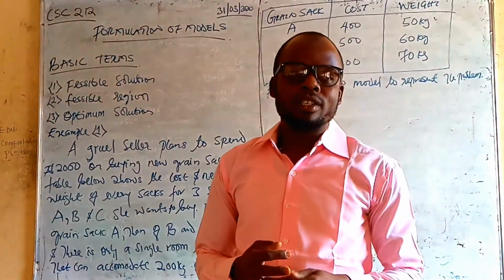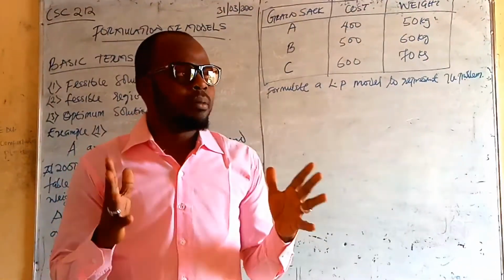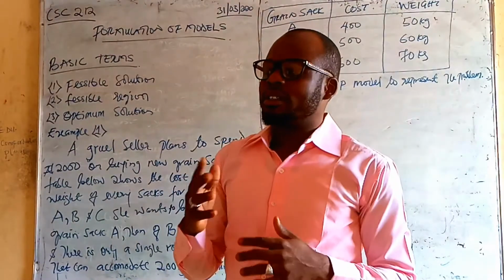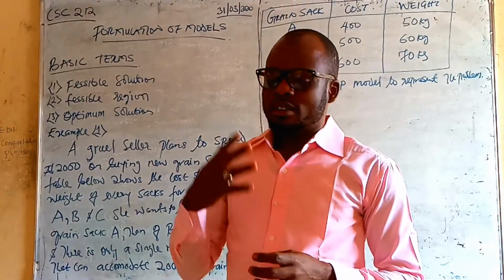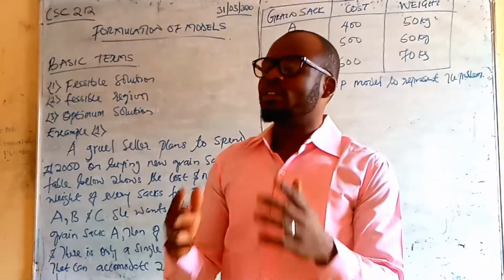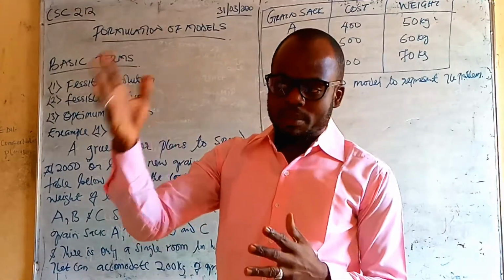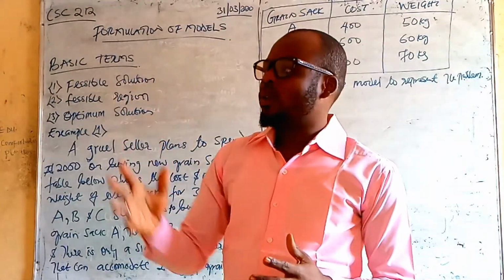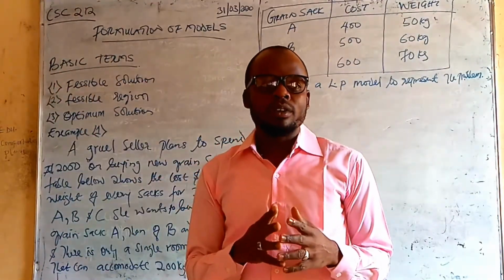Regarding operations research, in our previous class we discussed linear programming: the meaning of linear programming, the assumptions of linear programming, as well as the formulation of linear programming. We explained the procedures, the steps one has to follow before formulating a linear program.